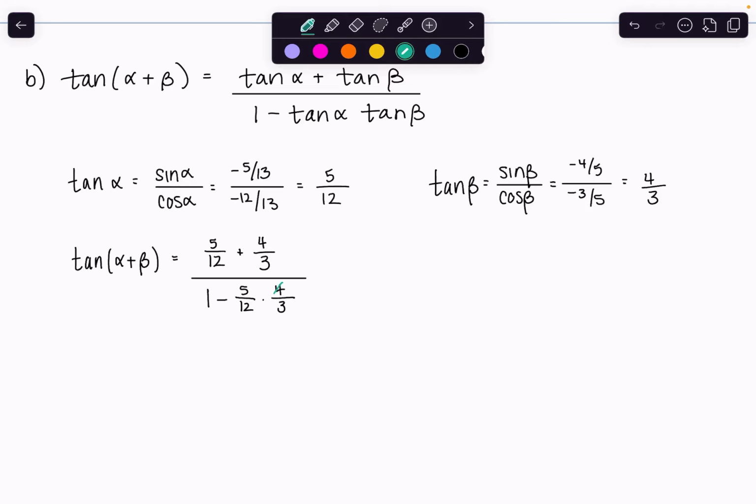So 4 does go into 12 3 times. And then in the top, if I want to write this with the same denominator to simplify, we'd multiply by 4 over 4. So that would give us plus 16 over 12. And then in the bottom, we have 1 minus 5 over 9.